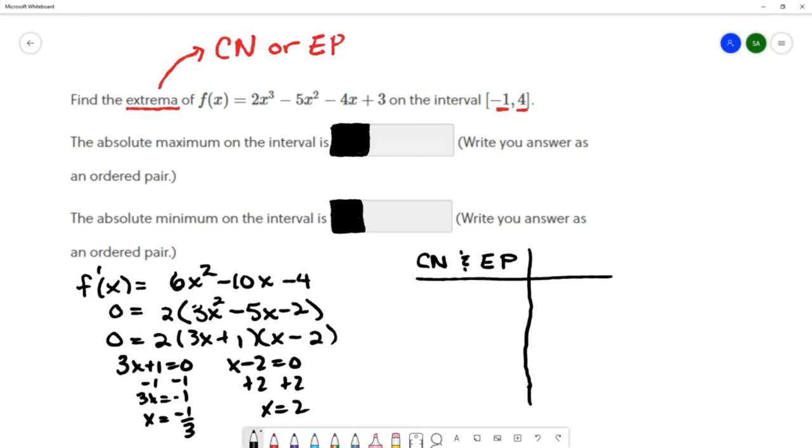Some people like to go in order in the chart, but it doesn't matter. Negative 1, negative 1/3, 2, and 4. And we're going to substitute that into our function because we're hoping to find the largest and the smallest y value. So I've got my calculator here.